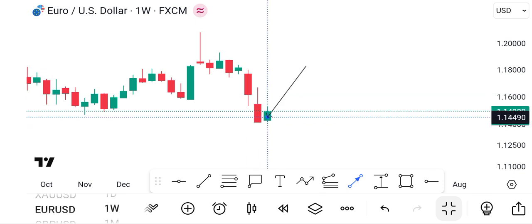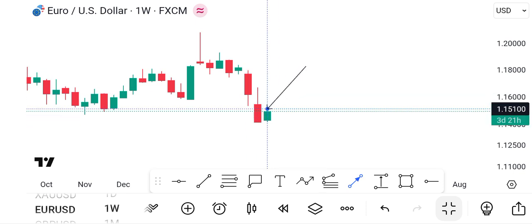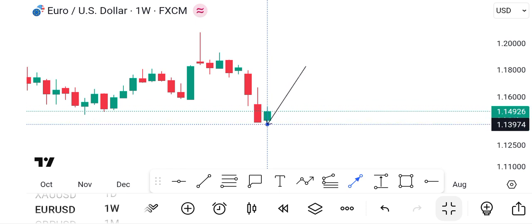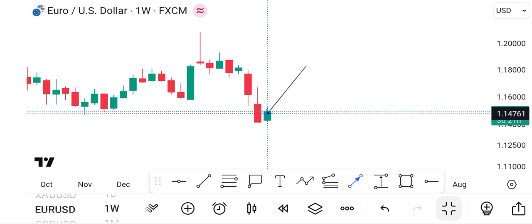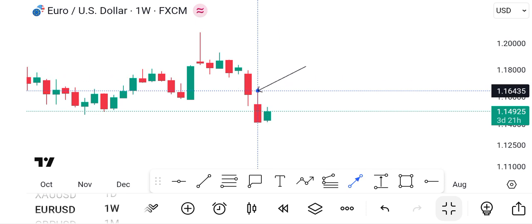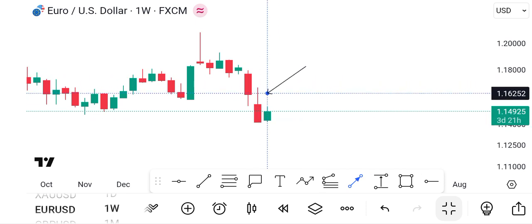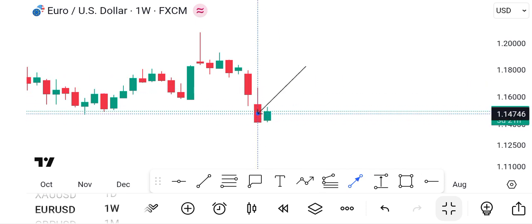So this green candle here, it's our current week. Like I said, today is Tuesday, and I'm recording this video. Yeah, it's actually 1 a.m. now on Tuesday.